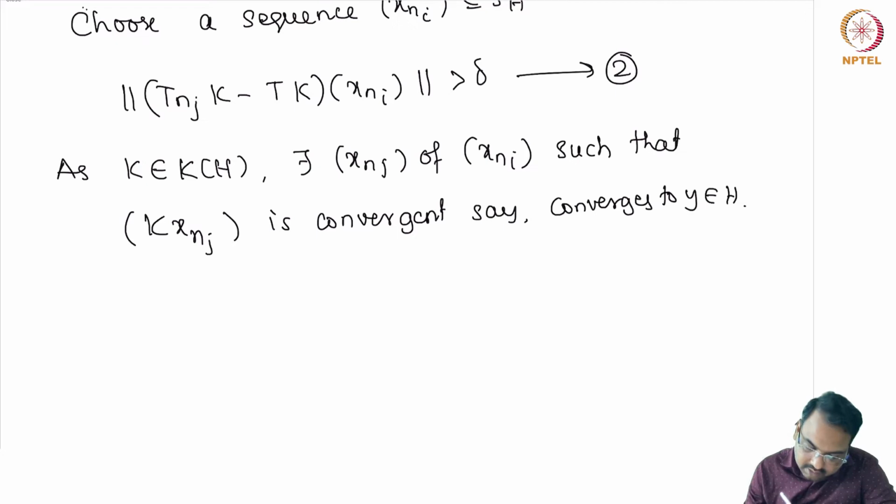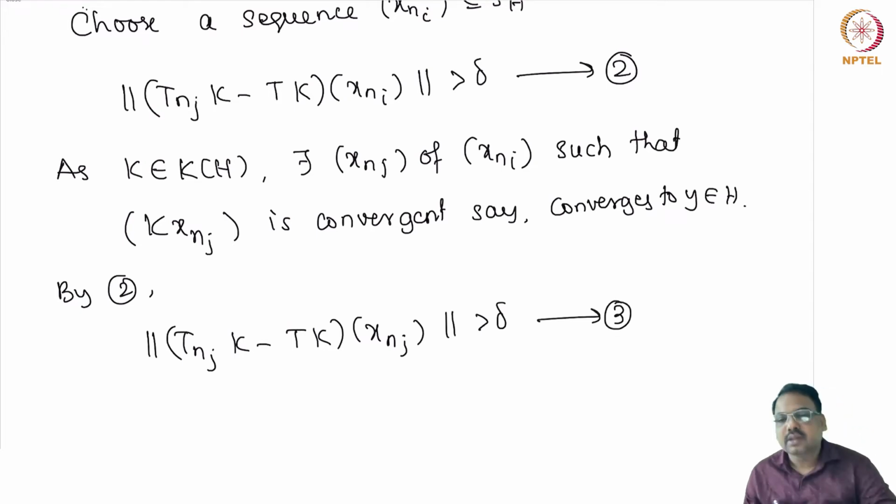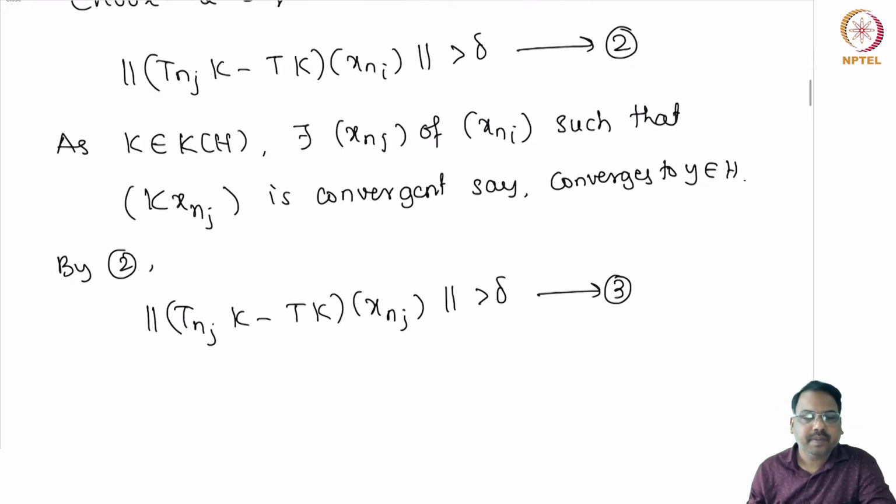So by 2 we can say that norm of TnjK minus TK acting on xnj is bigger than delta. Let me call this inequality 3.